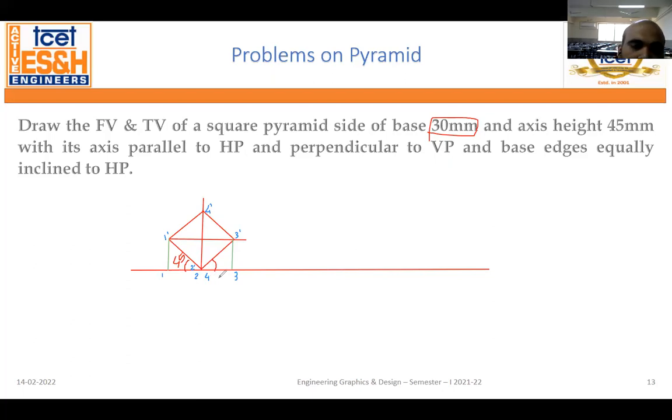For the projection, front view, top view of a square pyramid, with its axis parallel to and perpendicular to, such that the base edge is equally inclined. As it is in the question, they have not mentioned that the square pyramid is touching the HP.